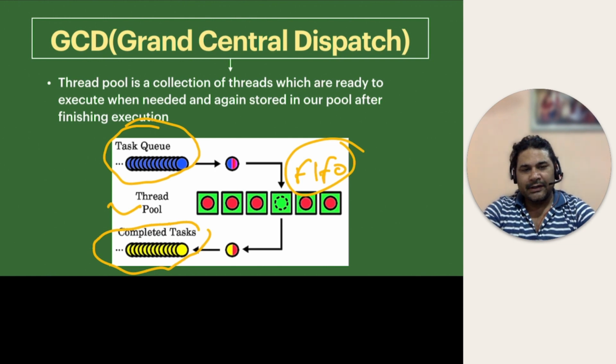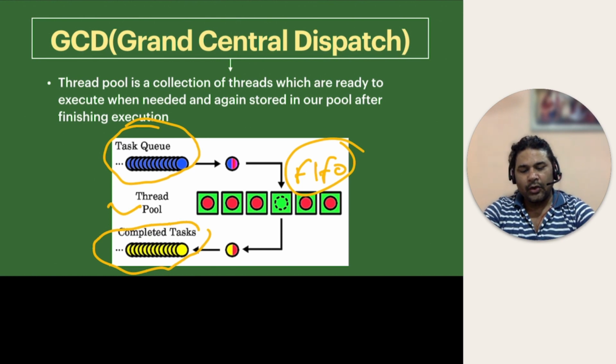If the task is required again, it goes into the task queue, follows the first in, first out order again, comes into the thread pool, and after completion it comes into the completed task.